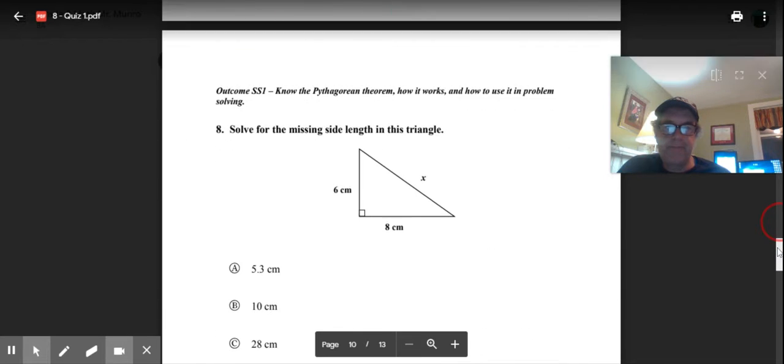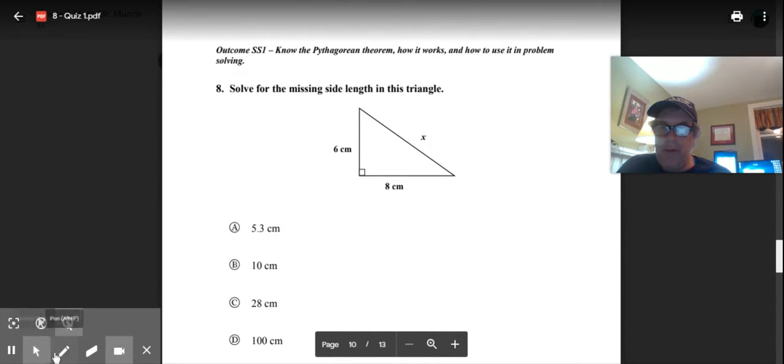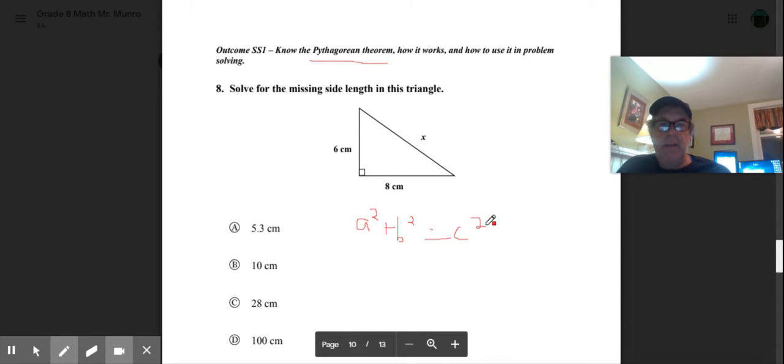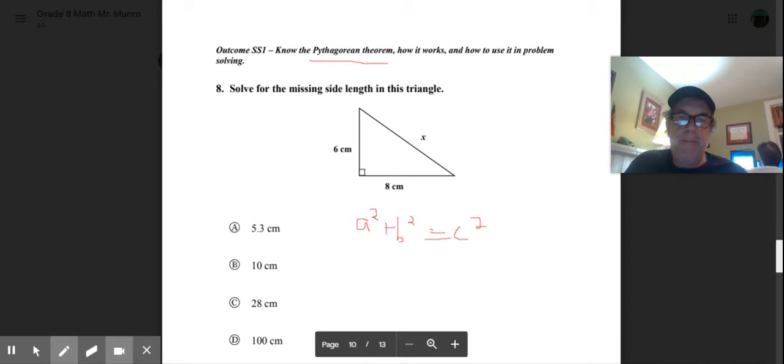Next, the old Pythagorean square. So let's go. Hopefully you remember the rhyme, the rap. A squared, yeah, plus b squared, yeah, equals c squared, yeah. And hopefully then remember the different sides. So your longest side is always your hypotenuse, which is here, and that's your c.